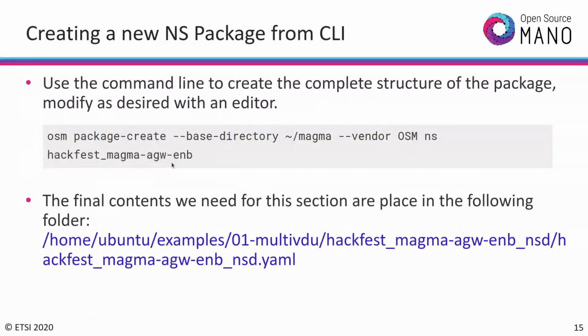The final contents that you will be wanting to have are in this folder here, in the same machine where we are working. Okay, so let's do the same thing. Let's run this command.